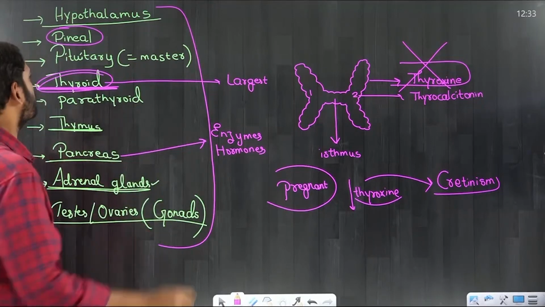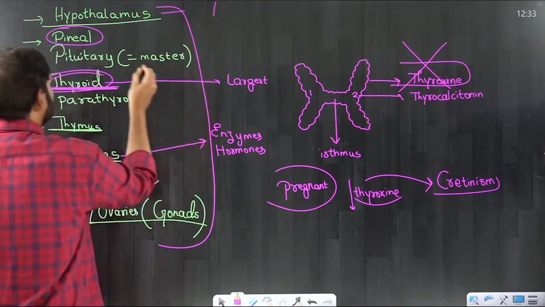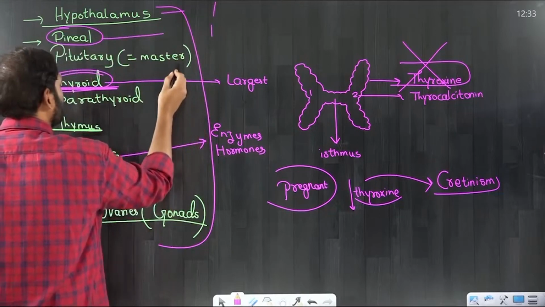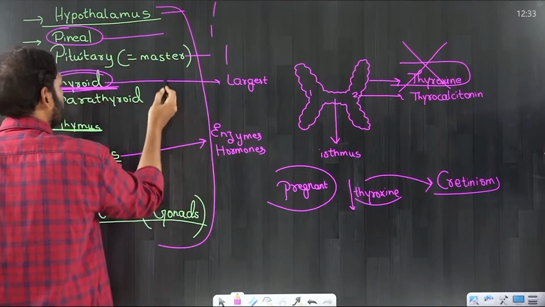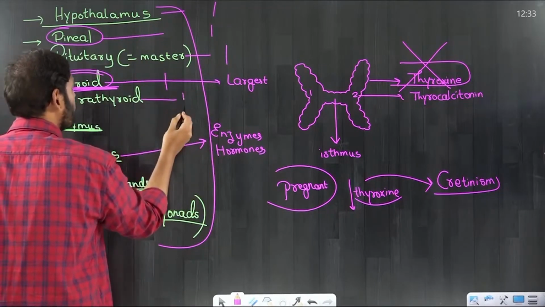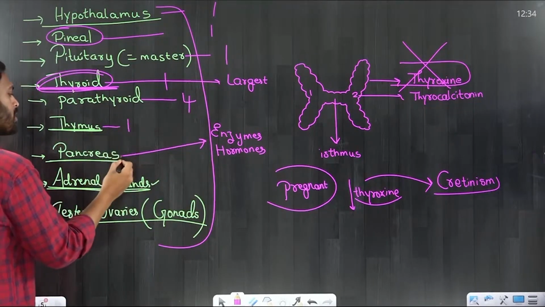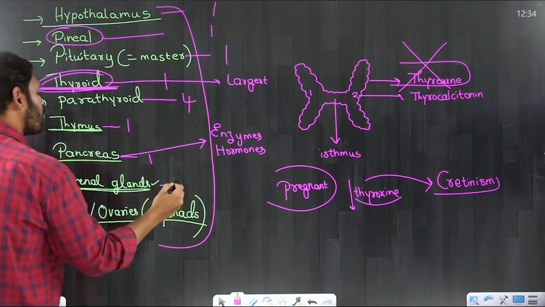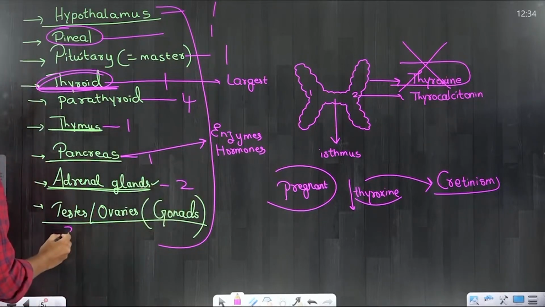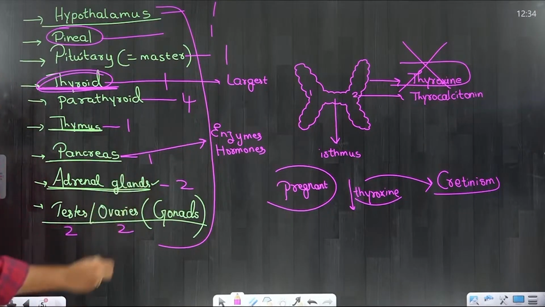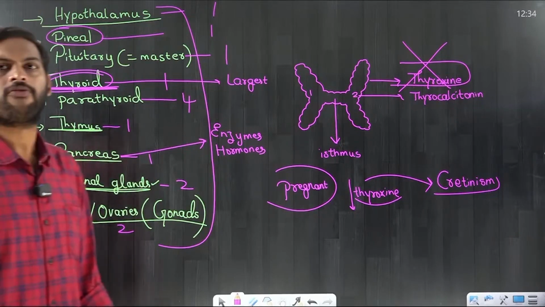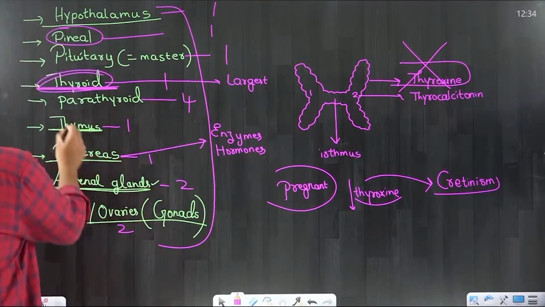Done. So there is one hypothalamus, one pineal gland, one pituitary, one thyroid, but there are 4 parathyroid glands. Single thymus, single pancreas, 2 adrenal glands and 2 testes, 2 ovaries. Highest number of glands, of course, parathyroid.